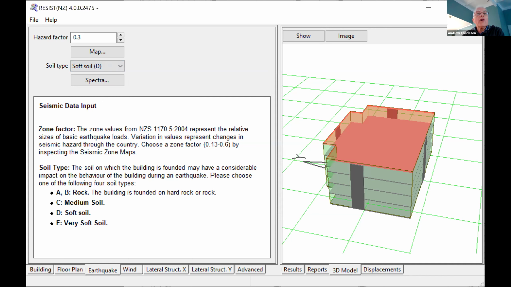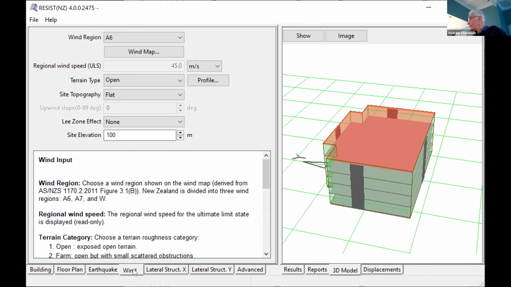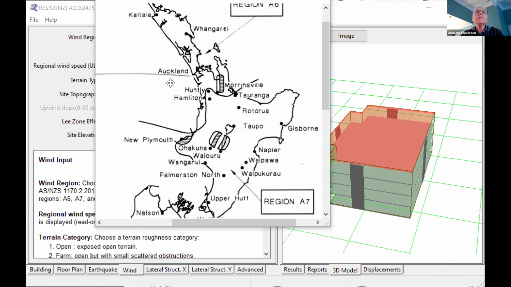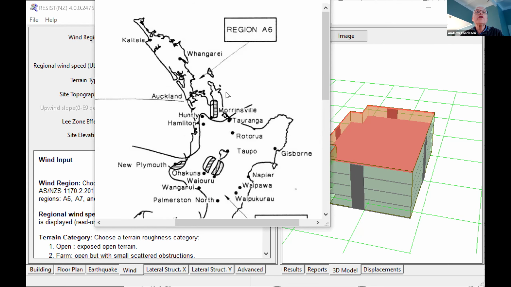Now Resist is able to design for earthquake. That's all we need to do. Next, we move on to the wind design. Now, in New Zealand, we have a wind map. Like this region is region A6 and so on.